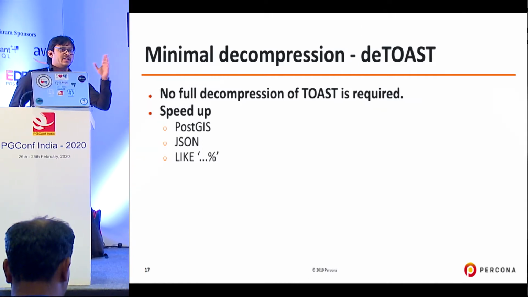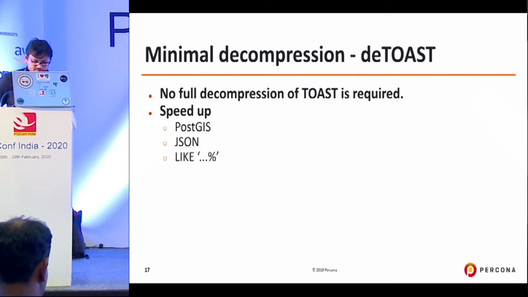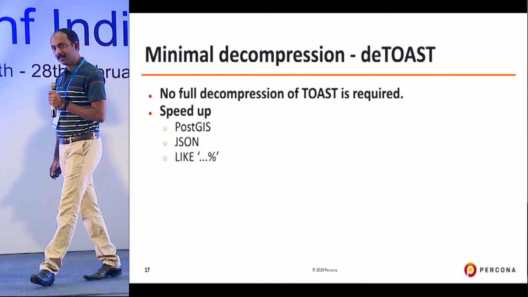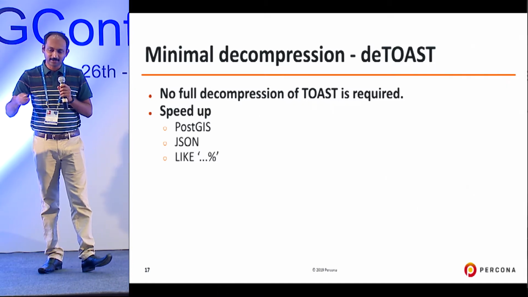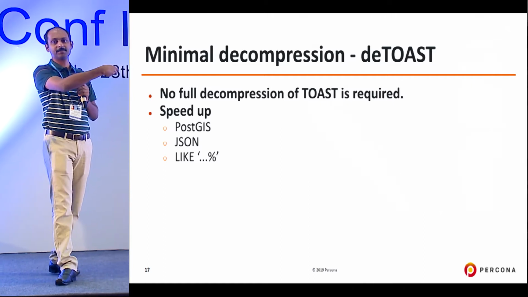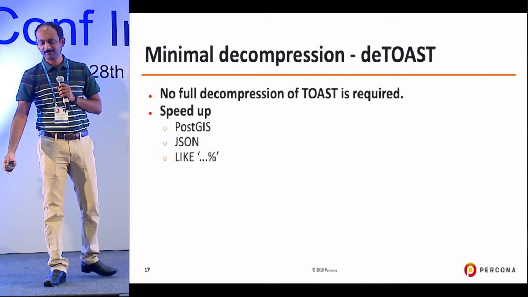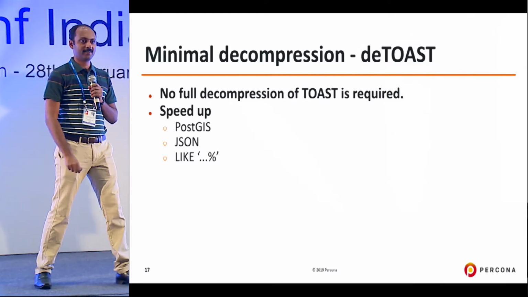The default is 2 kilobytes per record. Postgres automatically does this toasting, and without our knowledge, this performance improvement comes into place if you just upgrade to Postgres 12. It's a different location.